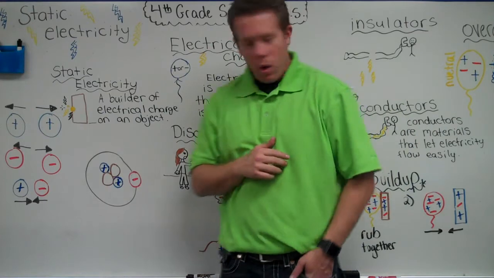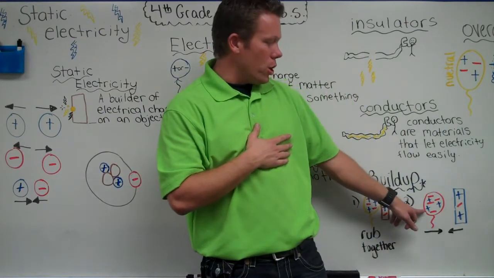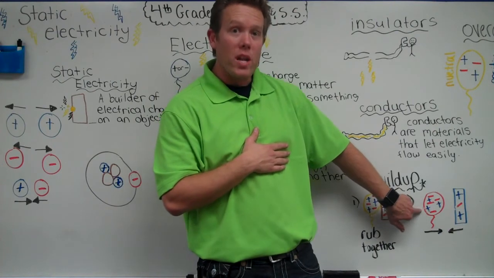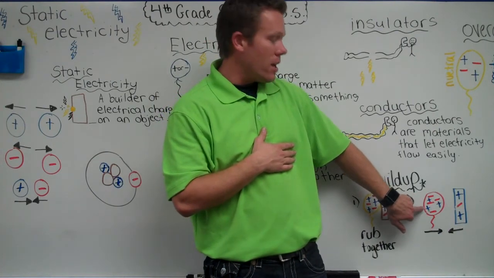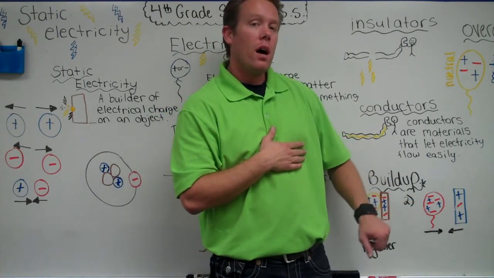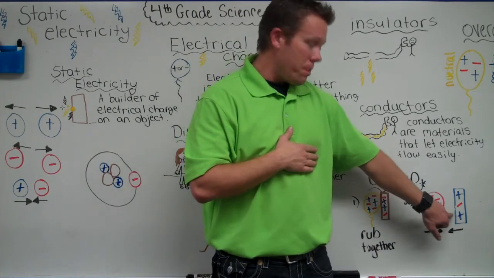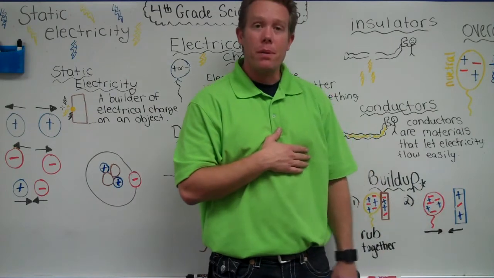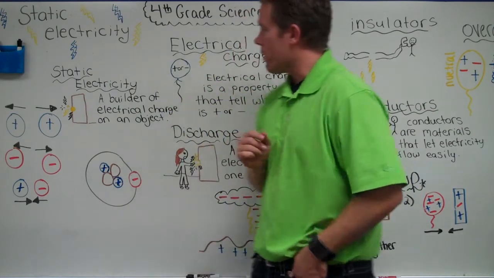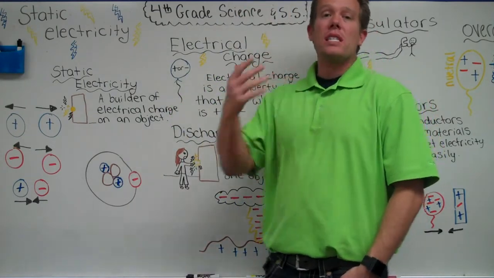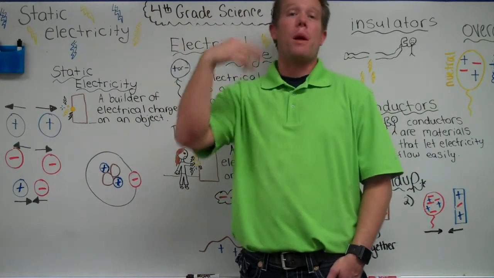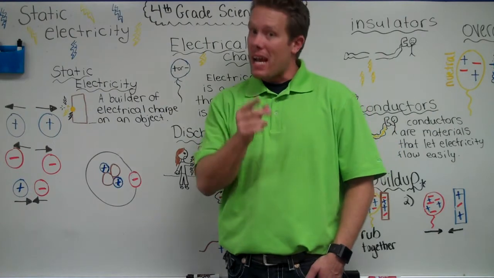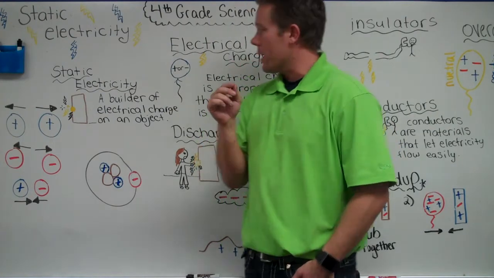This balloon has static electricity because it has a buildup of negative charges. The piece of wool cloth has static electricity because it has a buildup of positive charges. So anything, as long as it has a buildup of negative or a buildup of positive, is going to have static electricity. If it has buildup, it has static electricity.